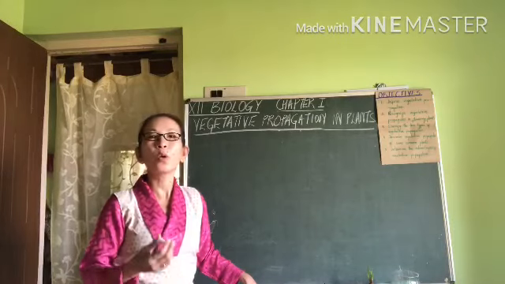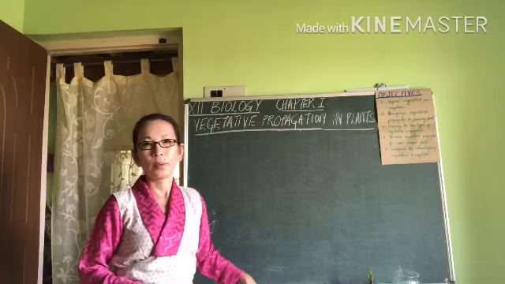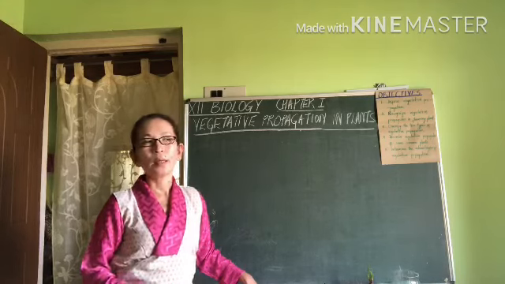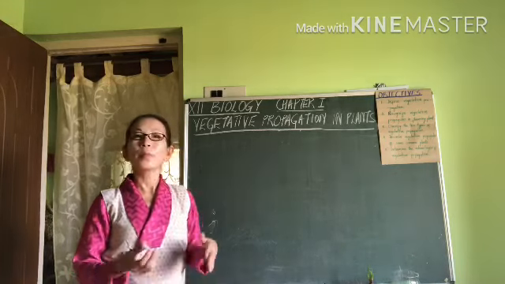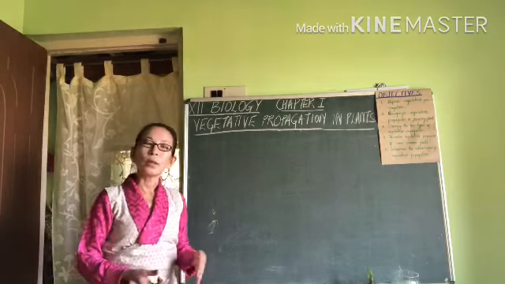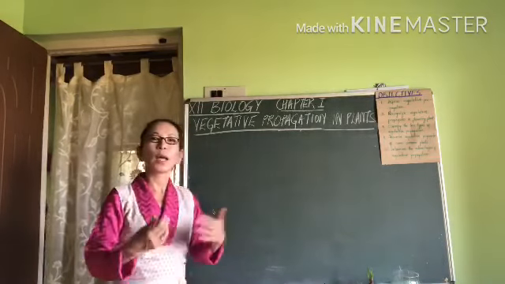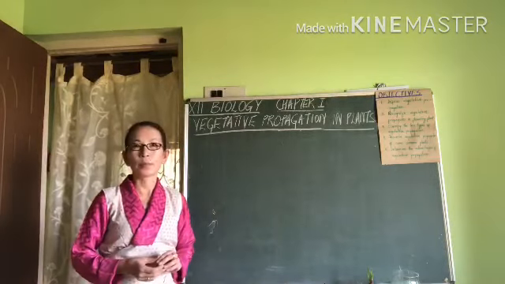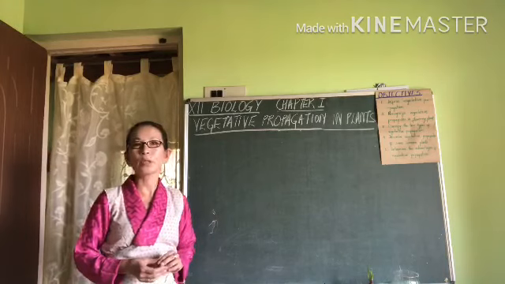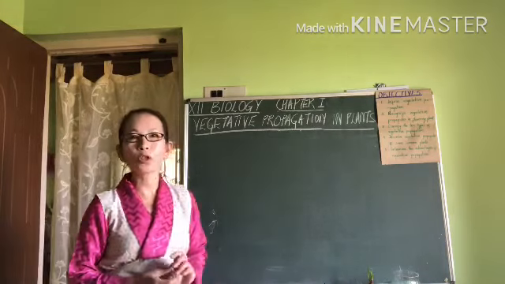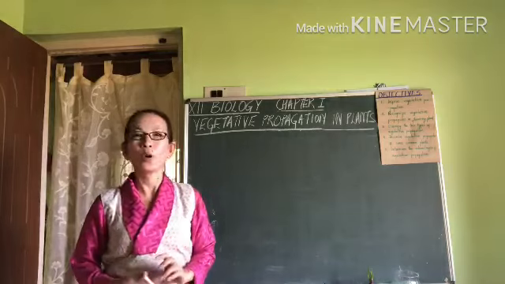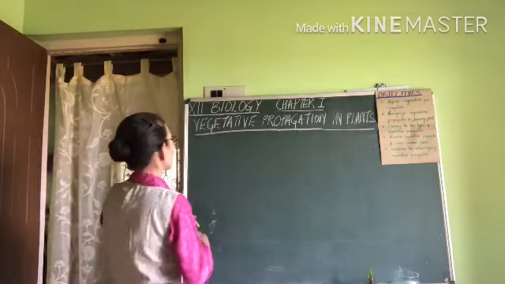They are the clones of each other. That is to say, the new plants are completely identical to their parent plant as well as among themselves. Okay, and these are the reasons why we say vegetative propagation in plants is a kind of asexual reproduction.